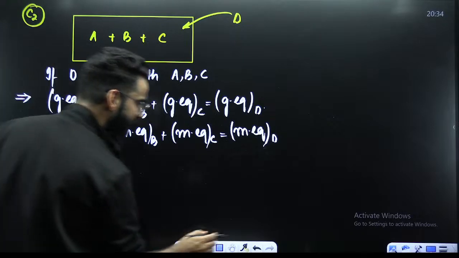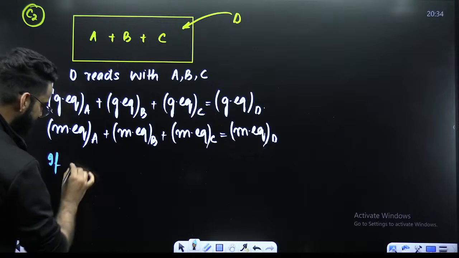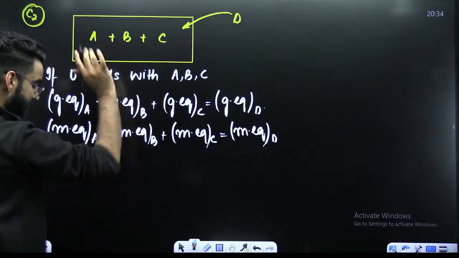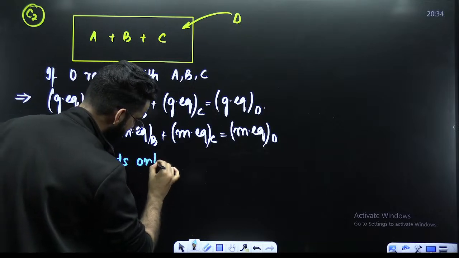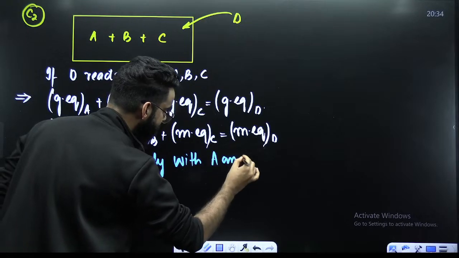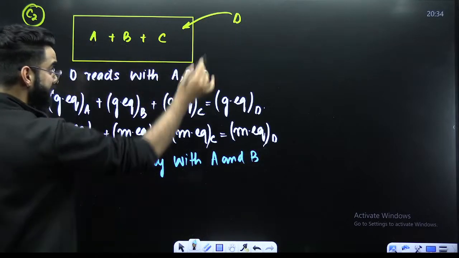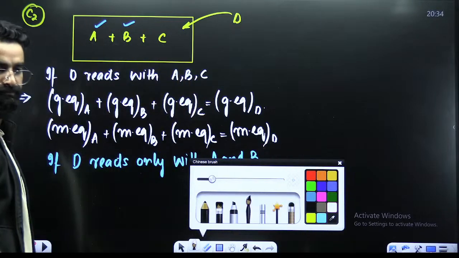Now guys, over here try to understand one more thing. For example, if D is not reacting with all, if D reacts only with A and B, what will happen? How do you write the statement?